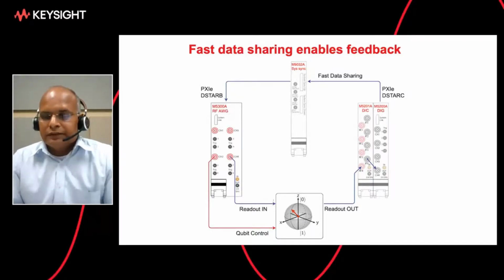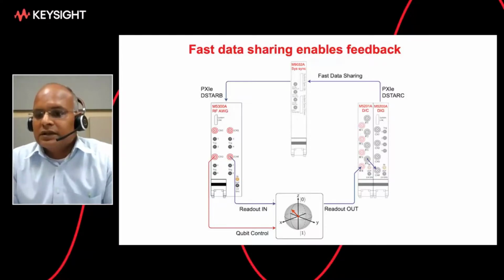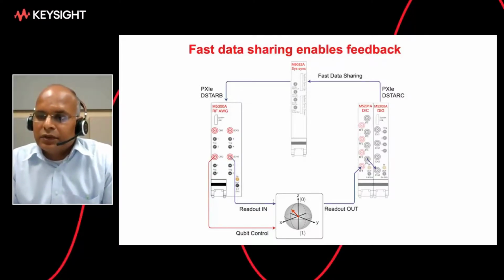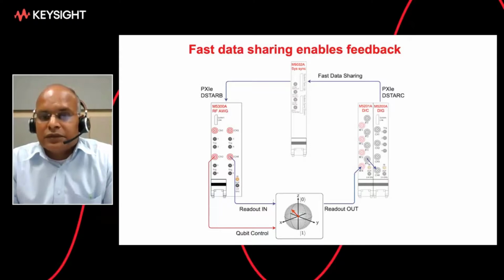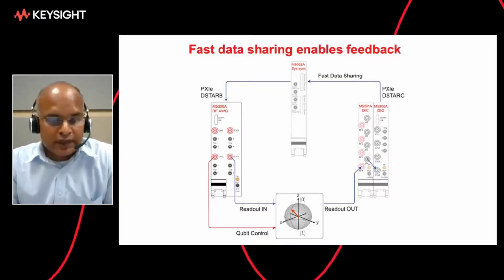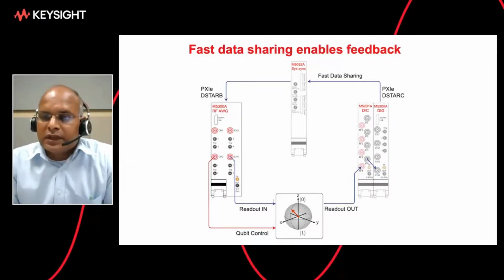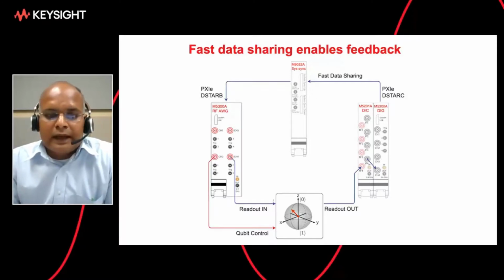This sampled waveform goes into the sandbox of the M5200A digitizer, and there the quantum feedback, the quantum state, can be computed. The quantum state is sent as a feedback over this fast data sharing link, and the system synchronization module M9032A or M9033A acts as a deterministic latency router.